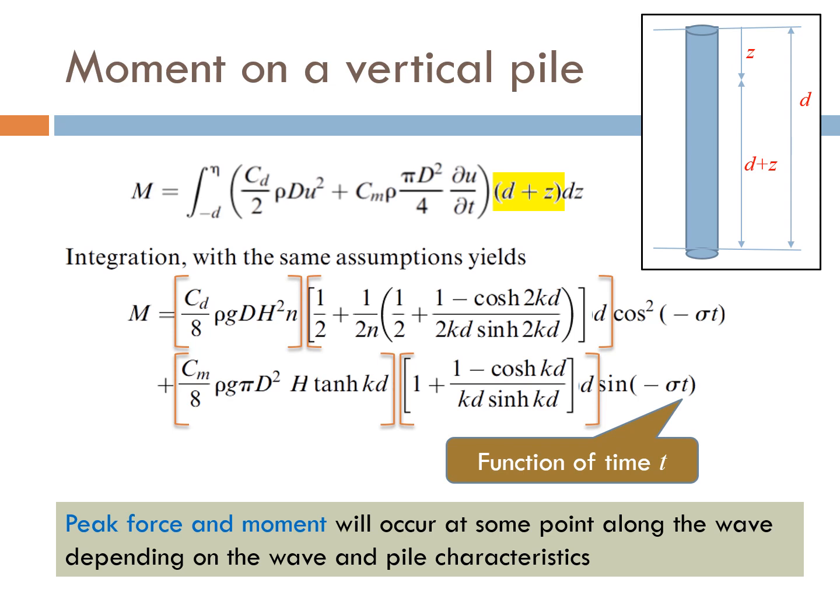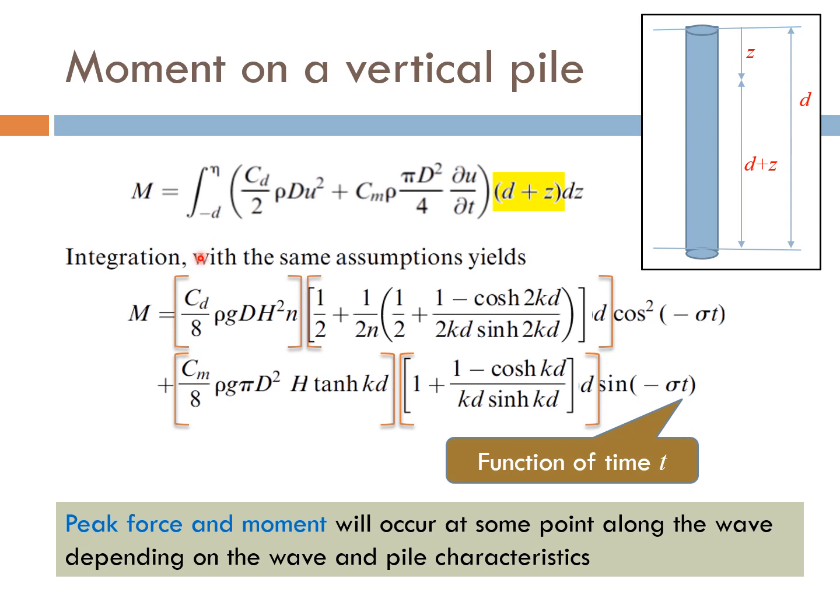Using the same approach, we can also determine the moment on a vertical pile. We multiply the force per elemental length with d plus z, whereby d plus z describes the position measured from the seabed to a point given by the z coordinate, and then integrate this expression with respect to z from the surface of the water to the mud line.